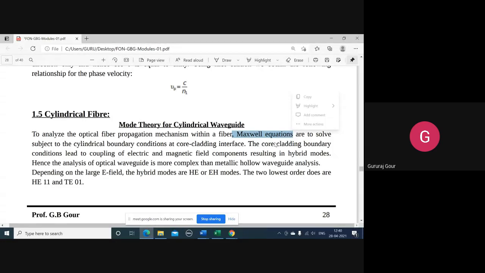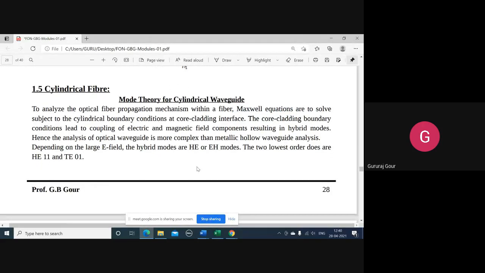Instead, cylindrical or spherical coordinates are to be used. And we all know how much more difficult it is to analyze cylindrical and spherical coordinates compared to Cartesian or rectangular coordinates. This will lead to the development of different modes supported by the cylindrical guide compared to the planar guide.